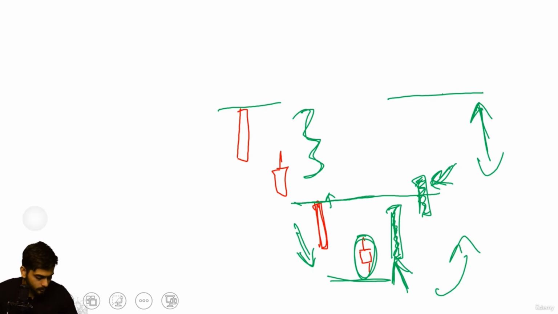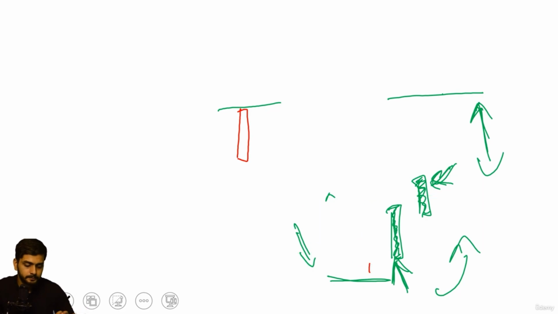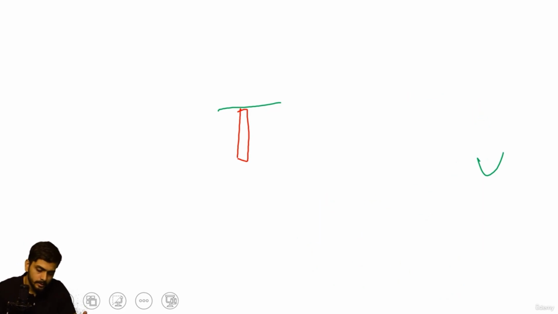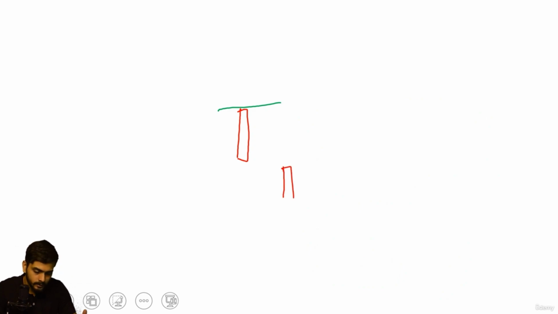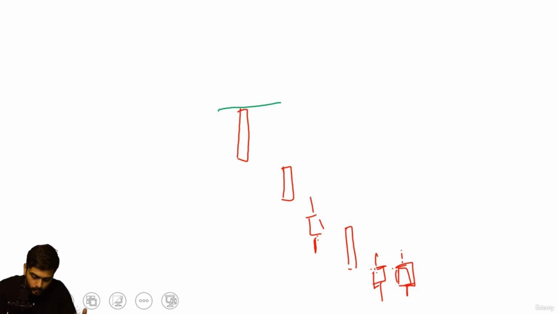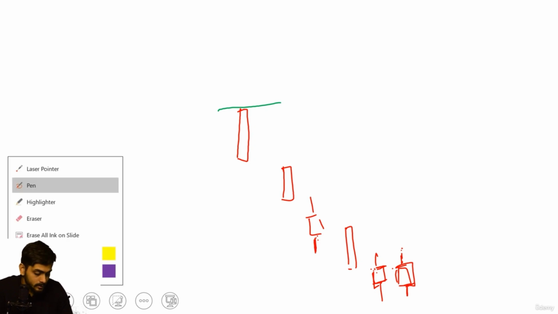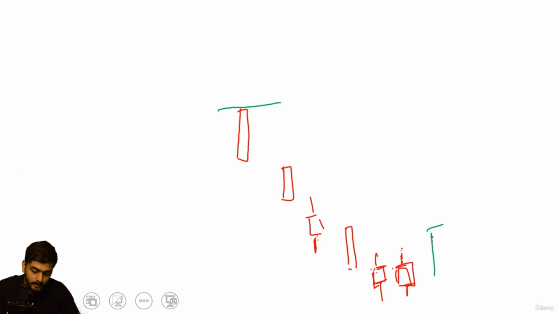Okay, now there can be another case. If I erase all of this, see, the market has started falling like this: a big bearish candle, two dojis, somewhat like this, and then the market gives a bullish engulfing candle.